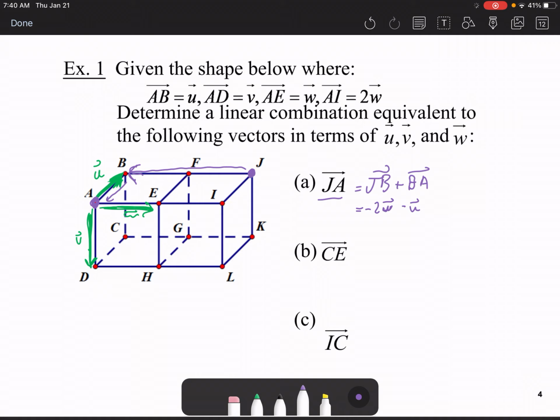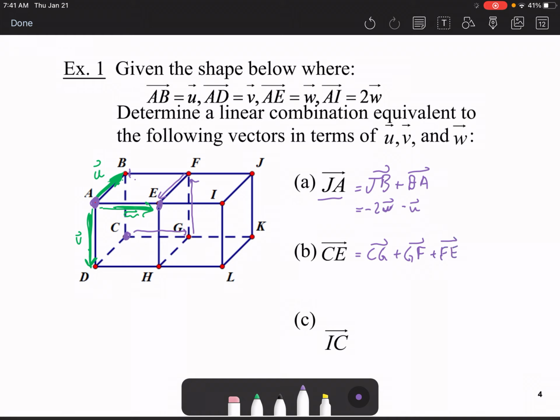Okay, so now we're going to do C to E. I'm going to erase the part that we just did. So just create a path that will get you from C to E. One path is going from C to G, G to F, and F to E. If you want, you can write CG plus GF plus FE.